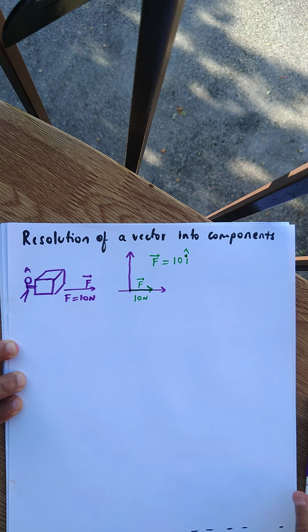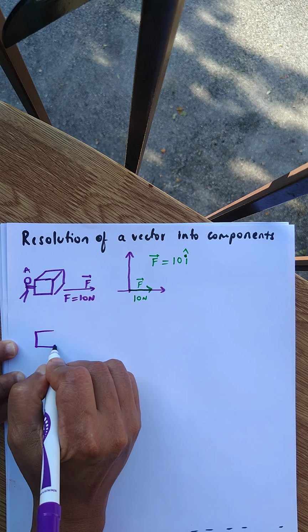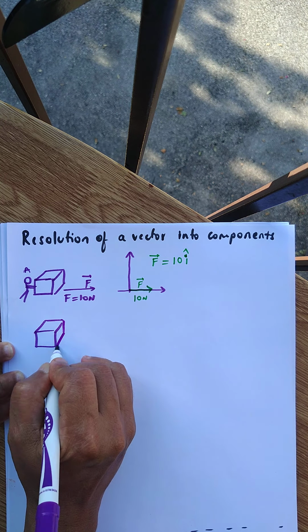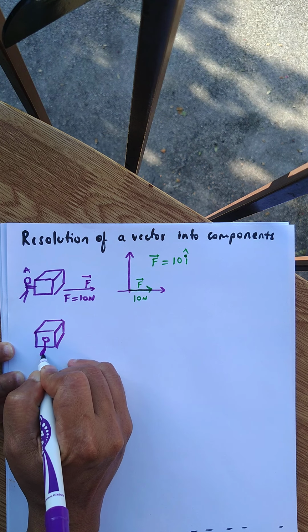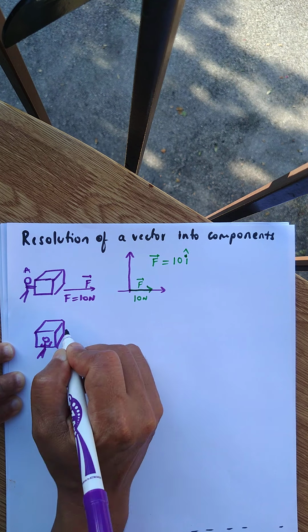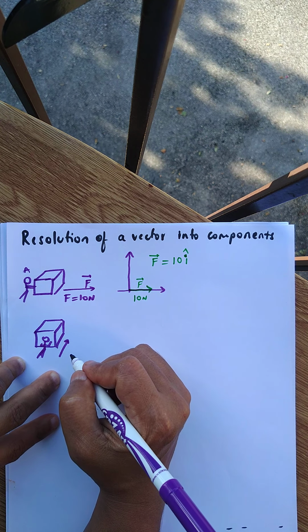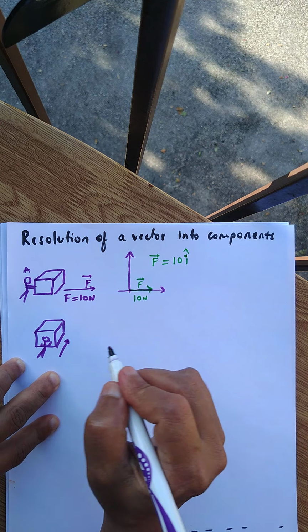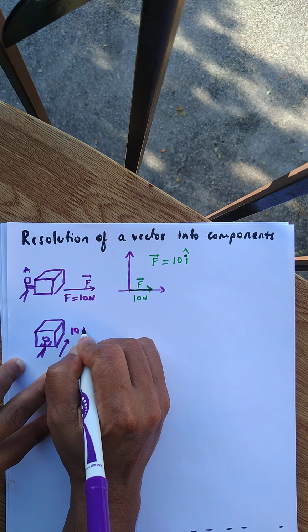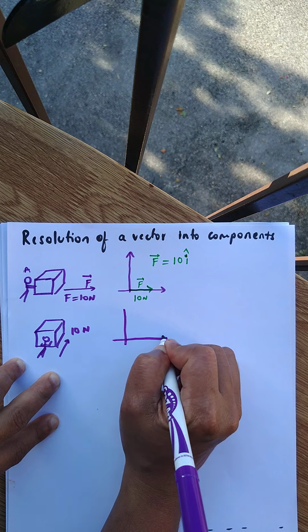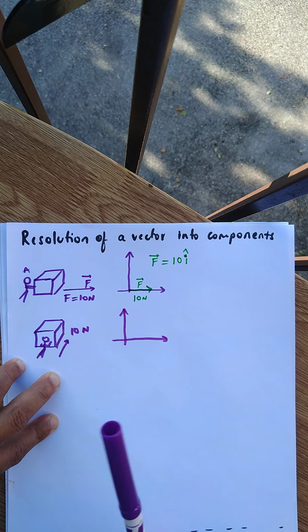Next, the same box is now pushed by the person, say, away from us. So let the force be 10 Newton again. How do you represent it in the coordinate system?